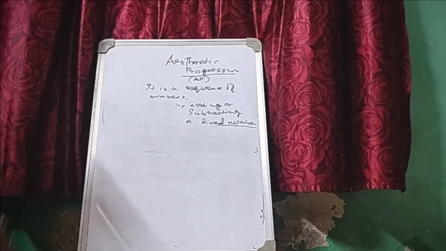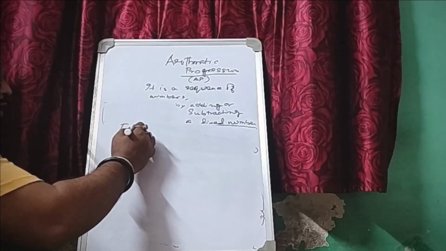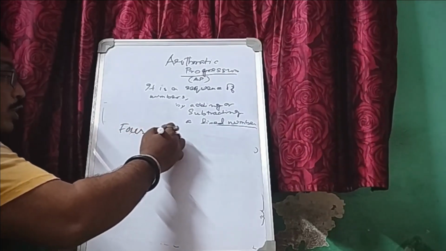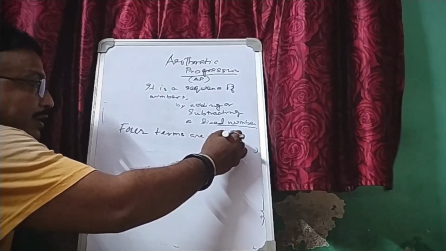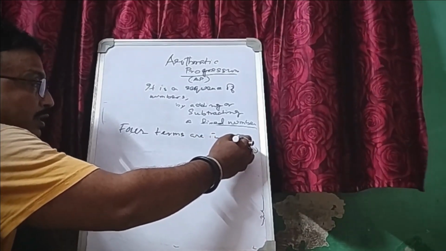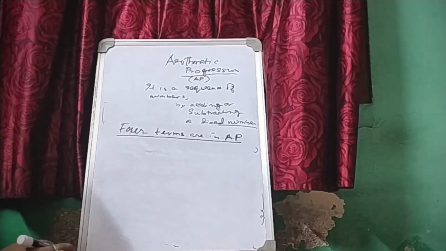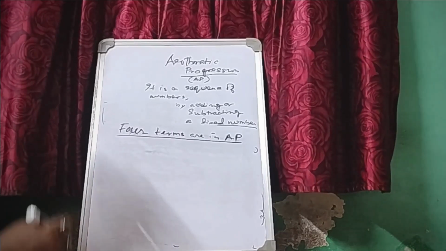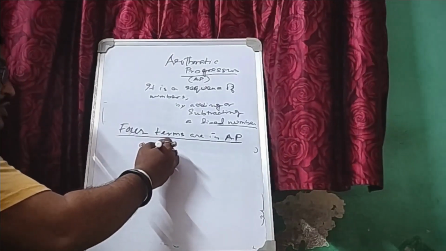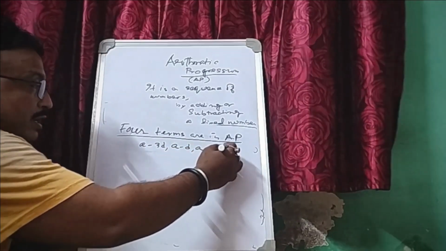If there are four terms in AP, then how will you take the four terms? I will give you a minus 3d, a minus d, a plus d, and a plus 3d.